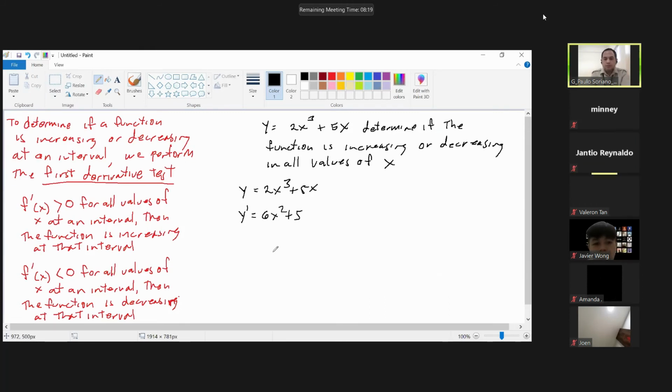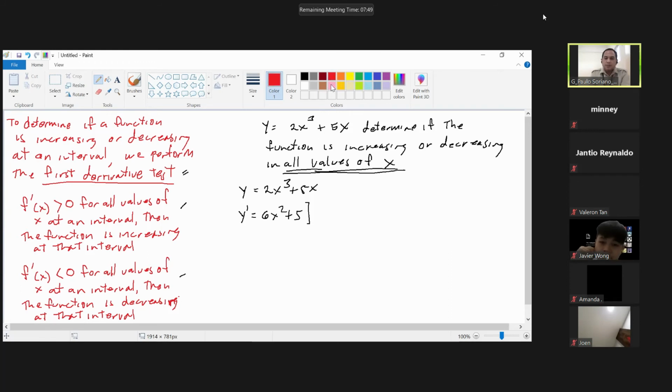So this is the function that we are going to test. We test it with the values of x in this interval, but in this particular problem, all values of x, and see if we can either get greater than 0 or lesser than 0.